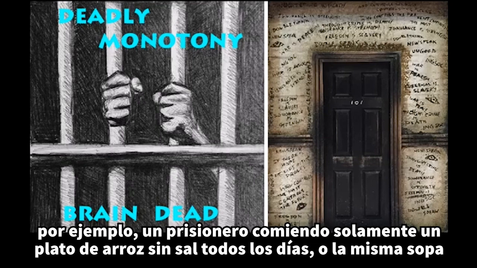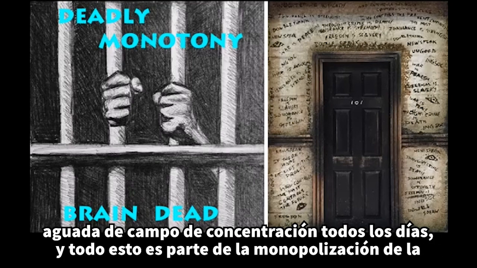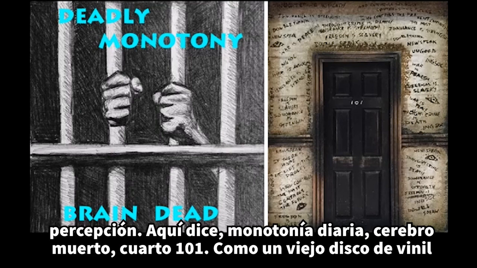Like, for instance, a prisoner only eating a bowl of rice without salt every day, or the same watery concentration camp soup every single day. And all of this is part of the monopolization of perception. Here it says deadly monotony, brain dead, room 101.